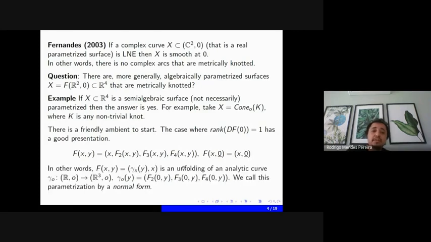In other words, this presentation can be seen as an unfolding of an analytic arc in three-dimensional space. Think about this arc, and then the surface is an unfolding of this. Also, you can order the orders with respect to the y variable. For us, this form is called a normal form.